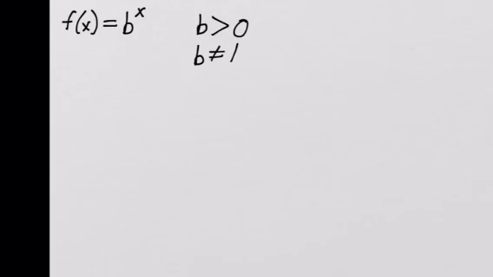Because if b was just 1, then 1 to any power is going to be 1, so that would be kind of boring. Same idea with b not being 0, because 0 to any power, with the possible exception of 0 to the 0 power, is going to be 0.